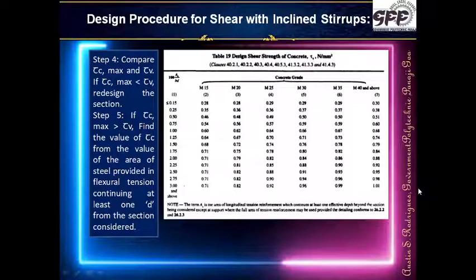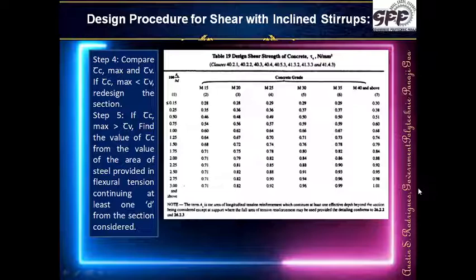Having done this, we go to step number 4. In step number 4, we compare tau c max and tau V, the maximum value of shear stress the concrete can take before crushing and the nominal stress which is coming on the beam.